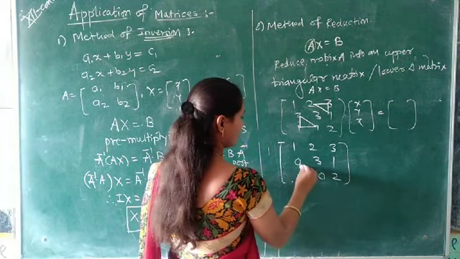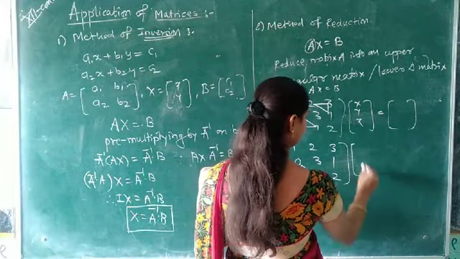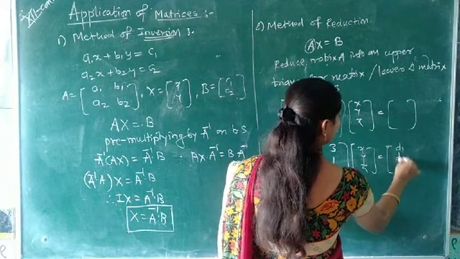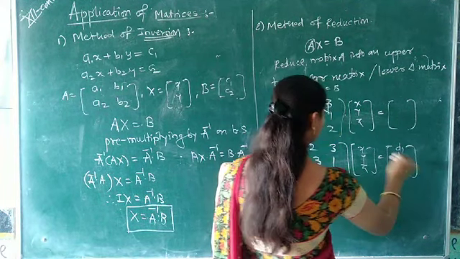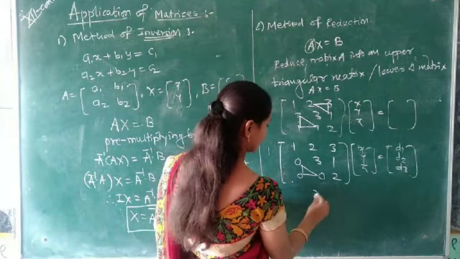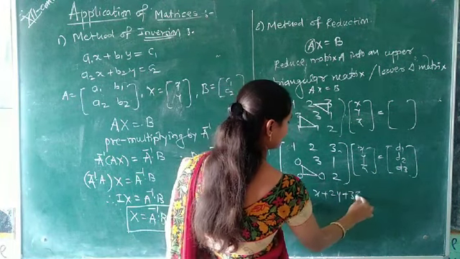2. Here we convert the matrix A into an upper triangular matrix, and this is our constant D1, D2, D3. Now see here, again we multiply the matrices, that is 1 into x, x, 2 into y, 2y, plus 3 into z, 3z.